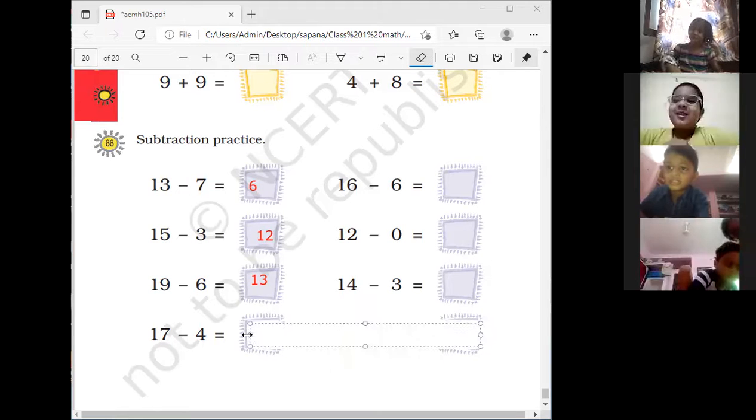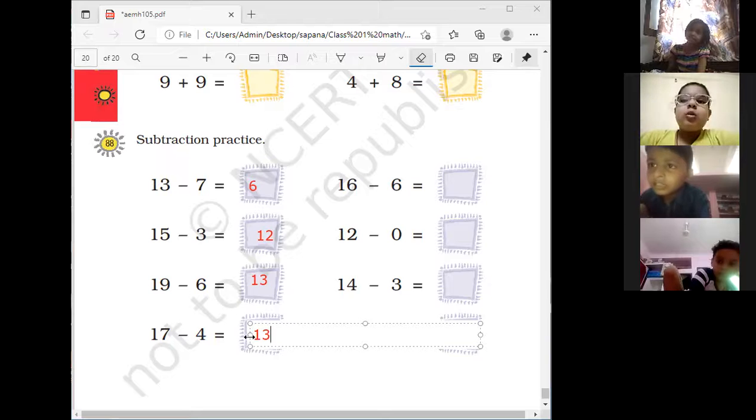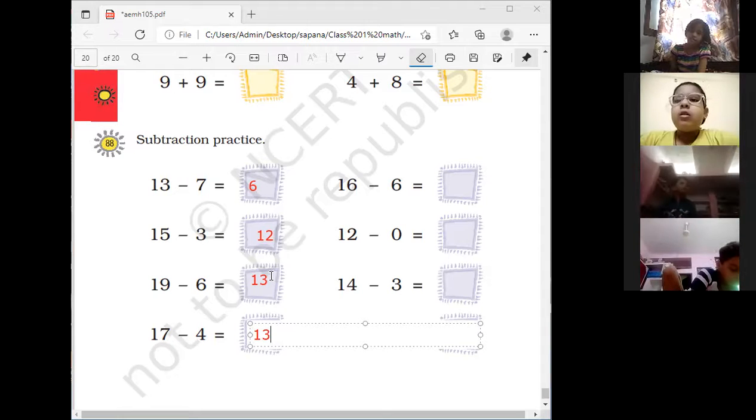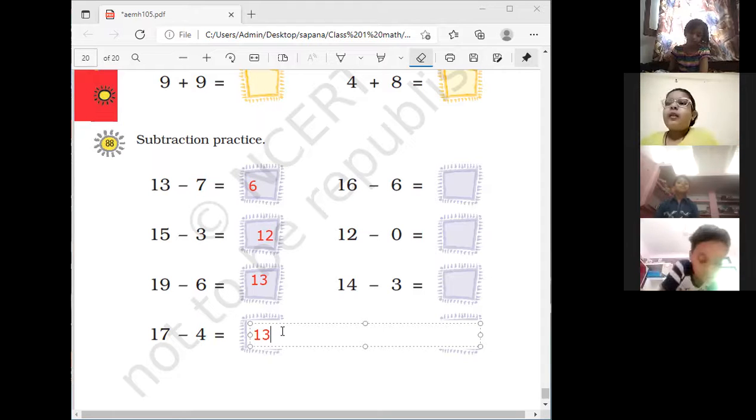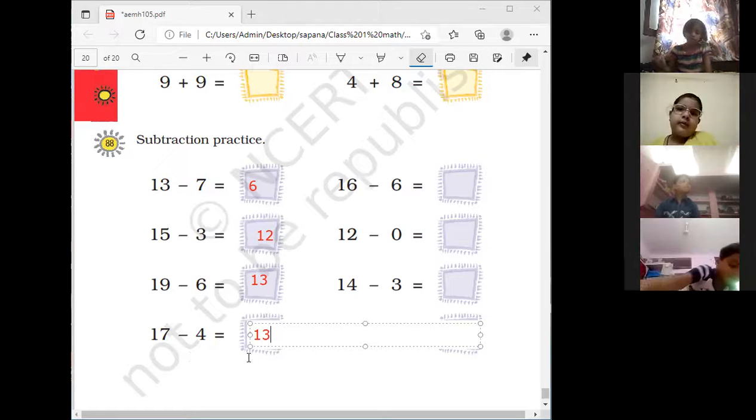Okay. 17 minus 4 is equal to 13. 19 minus 6 is equal to 13. 17 minus 4 is also 13. 7 minus 4 is 3, and in the place of 10, we write down 1 same.